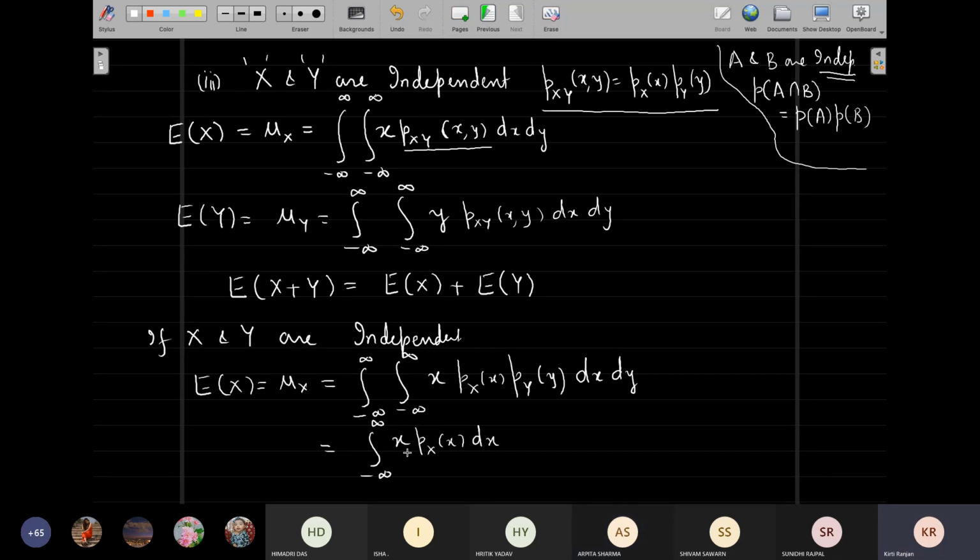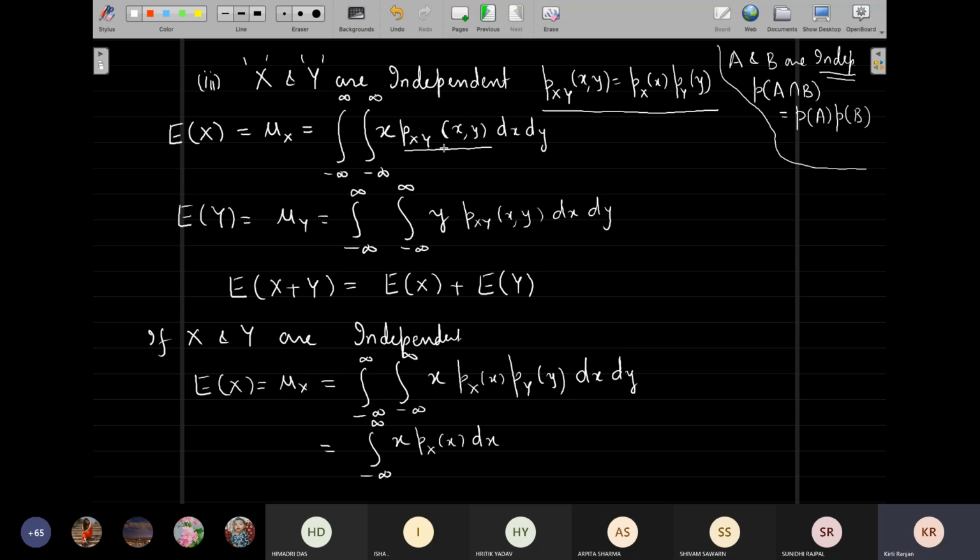Now look at this. This form looks pretty similar to what we did in the case of univariate one. If the two random variables x and y are independent, it doesn't even matter what is the PDF of y. It's the PDF of x, the marginal PDF of x, which will still be able to give you the mean or the expectation value.